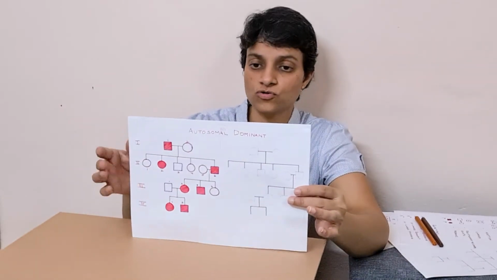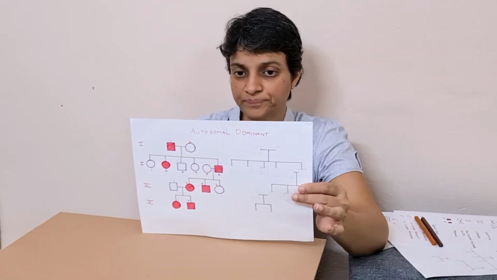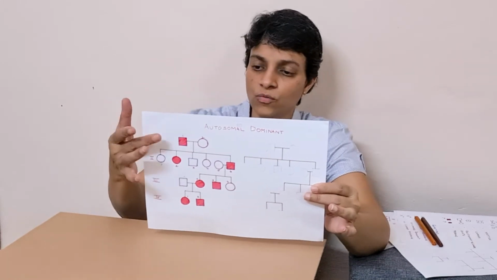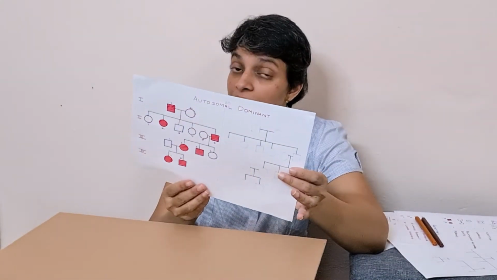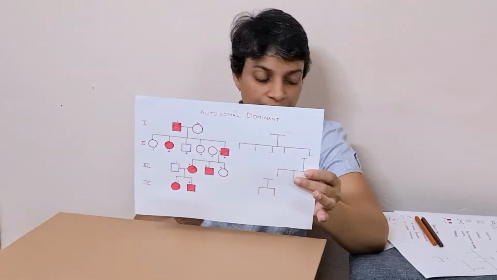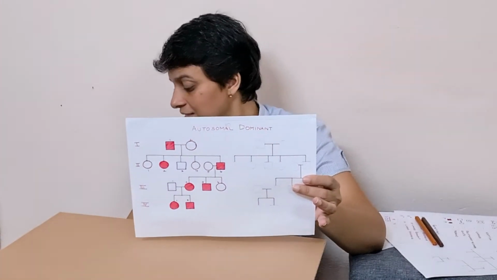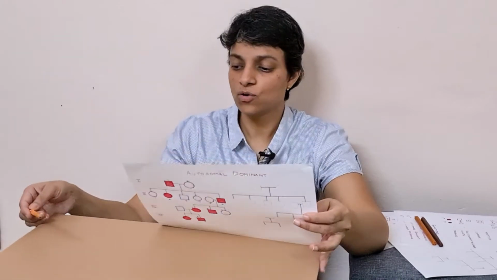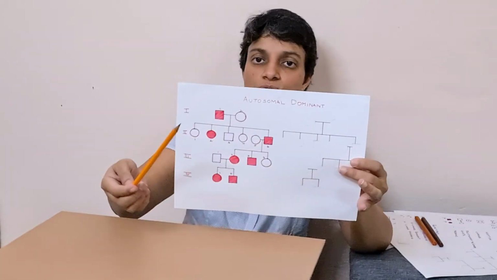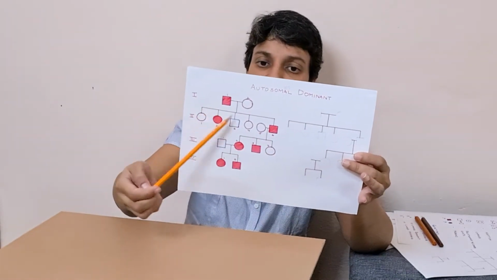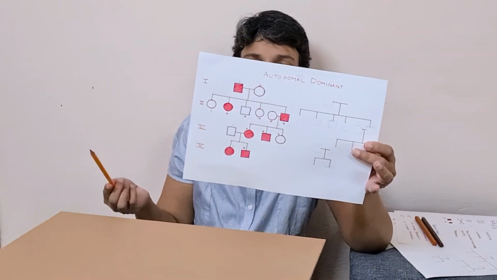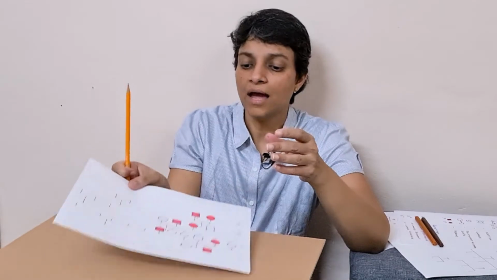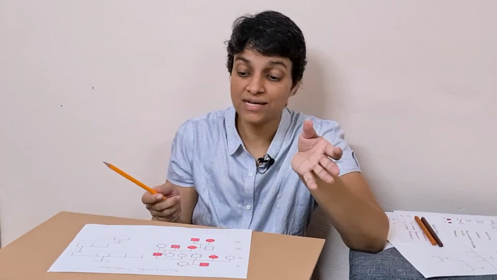Here in autosomal dominant, we can see how we first came to know that this is autosomal and then dominant. We came to understand this is autosomal because, like I said, for autosomal diseases, males and females are equally affected. And here we have a lot of females affected and a lot of males affected.